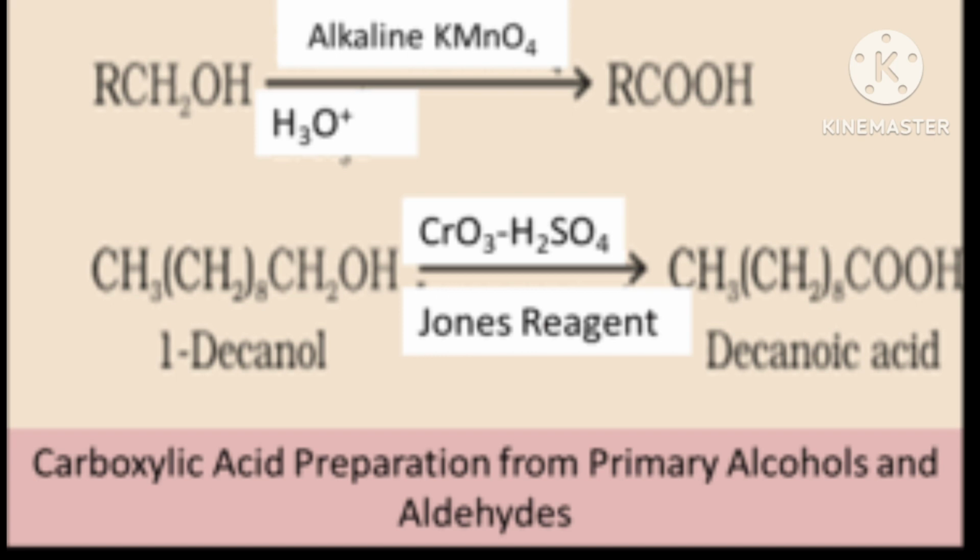Okay, carboxylic acids are also prepared from aldehydes by the use of mild oxidizing agents. Many times I told you, there also H will go. CHO, C double bond O, H is there. Then what will happen?